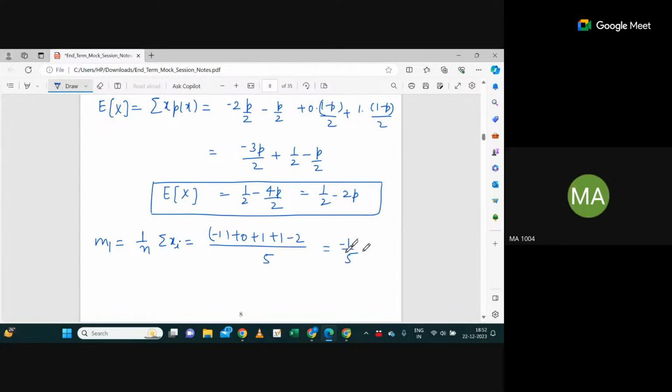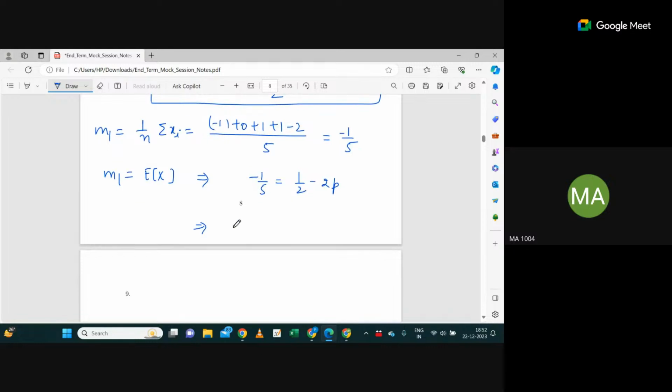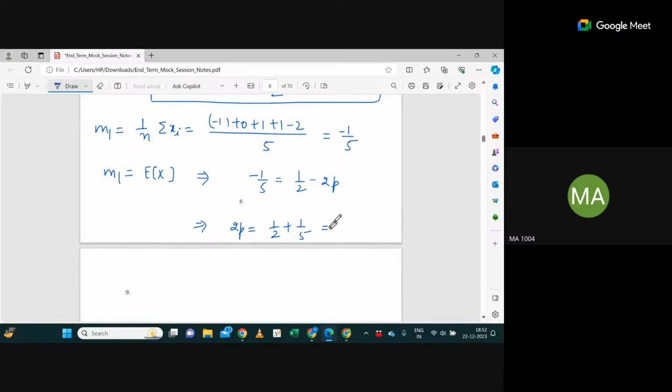Now, the method of moments says we have to equate the sample moment to the population moment, I mean the distribution moment, right? So that means it will be minus 1 by 5 equal to half minus 2p. Now from here, 2p equals half plus 1 by 5, which is nothing but 7 by 10.